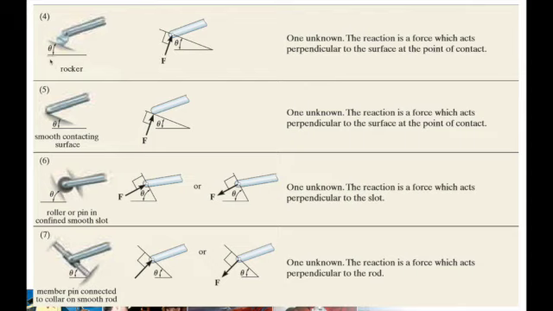If you have a rocker connection, you can also move sideways. That's why there is no reaction perpendicular to it, the same as smooth contact. You can also move sideways, that's why there is no support reaction. The only support reaction would be where the translation is prevented, and that is normal to the surface.